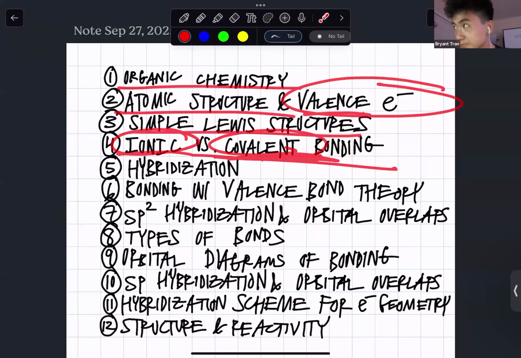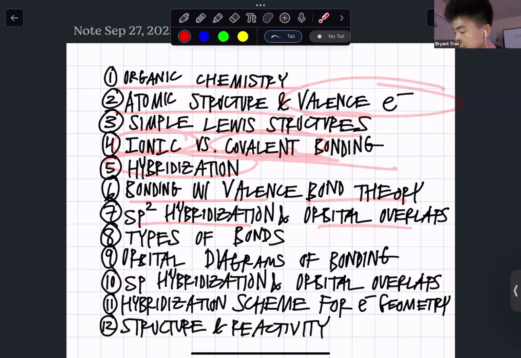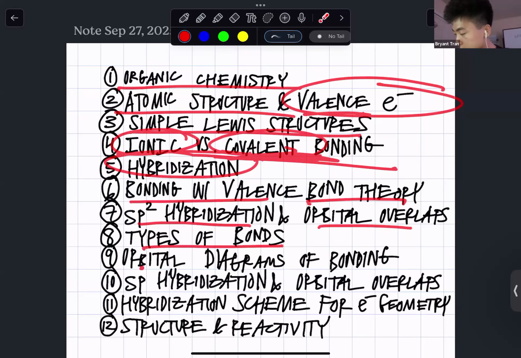There's non-polar covalent bonding and polar covalent bonding, depending on the difference in electronegativity. Hybridization, like sp3, sp2, sp orbitals, their bond angle, their electron geometry, and their orbital shapes. Bonding with valence bond theory, VSEPR, sp2 hybridization and orbital overlaps, types of bonds, orbital diagrams.